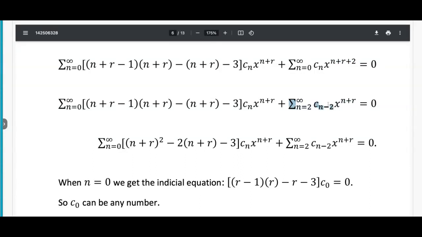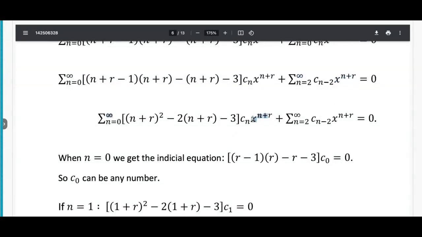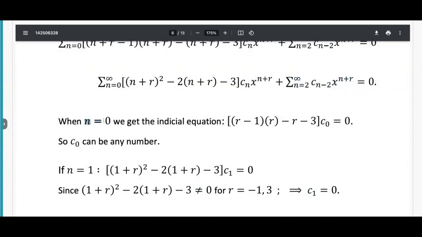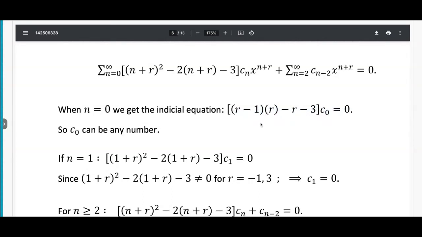We reindex, then we deal with n equals 0 and n equals 1 separately. Now we lined this up, so we can factor out x raised to n plus r. When n is 0, we get an initial equation like this, because it's C0 times this equals 0.